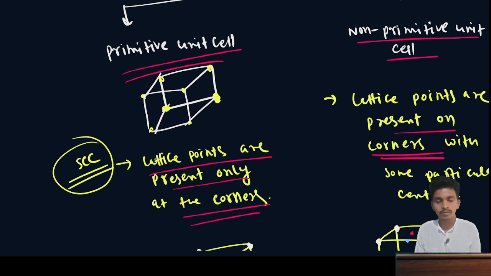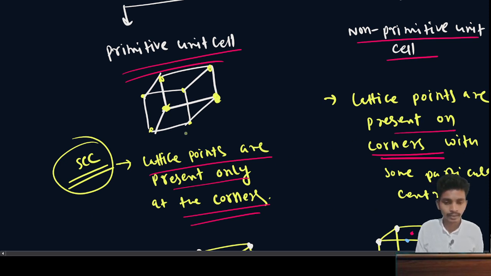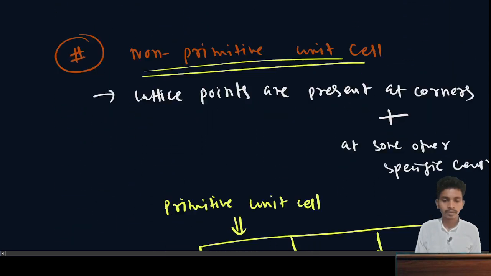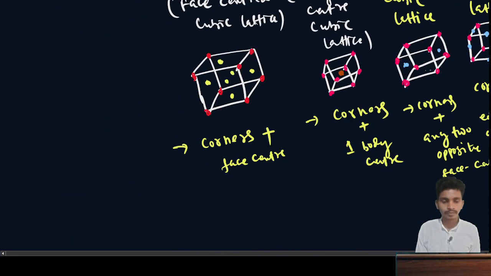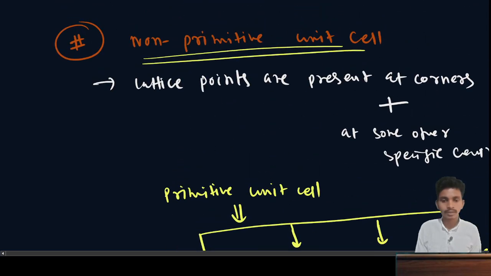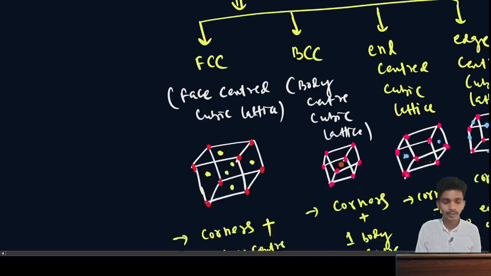This is the SCC, that is simple cubic crystal. So this is the non-primitive unit cell, and this is the primitive unit cell.